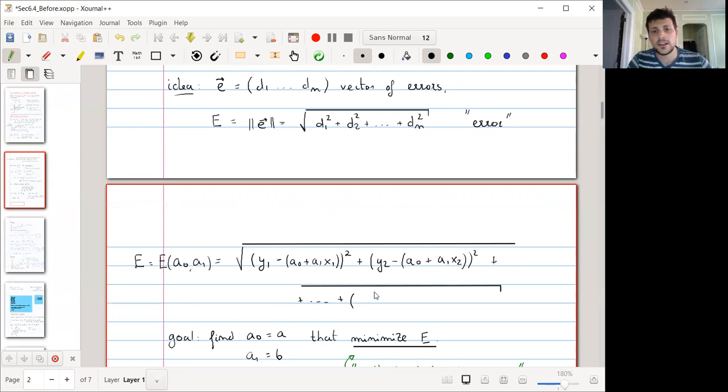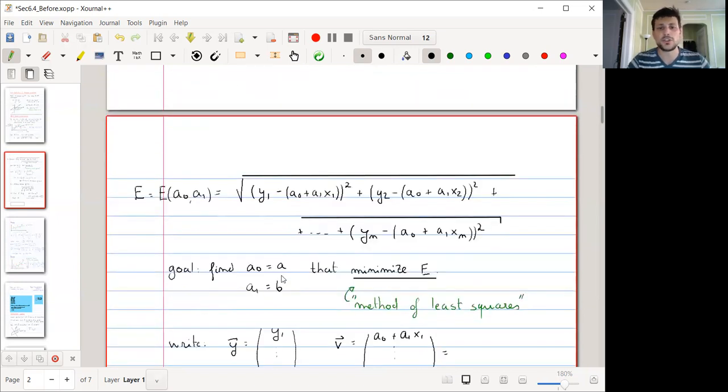So it is a function, well, it will depend on our data set because there are y's in here, but it will depend most importantly on the choice we make of a0 and a1. So as I said, the goal is to find a0 and a1 that make this E as small as possible.